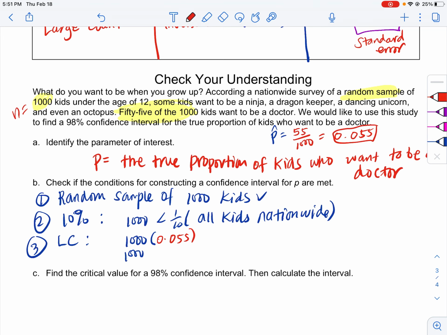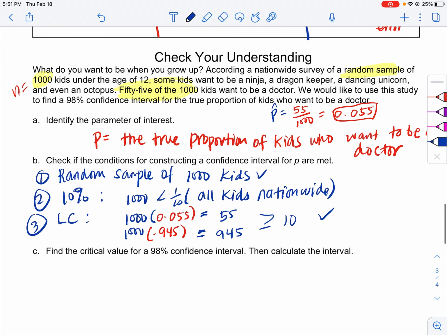And then 1,000 times 1 minus 0.055 is 0.945. Both of them, this is equal to 55, and this is, of course, 945. Both are greater than 10. So this is approximately normal.